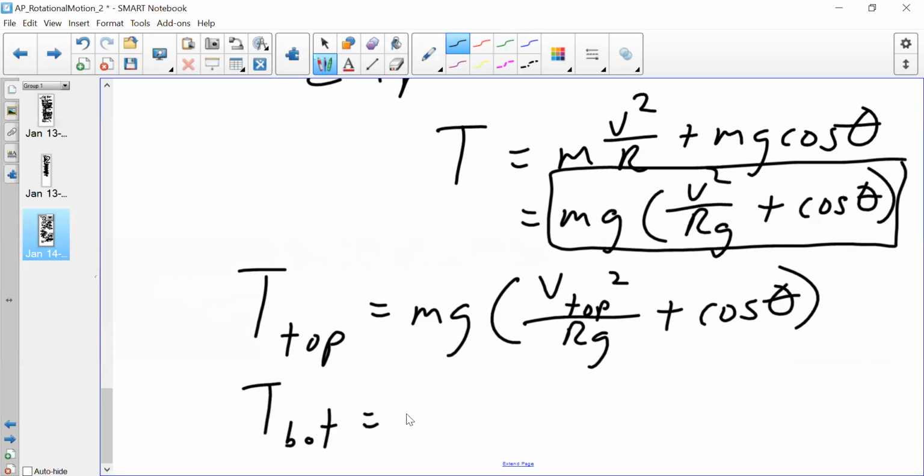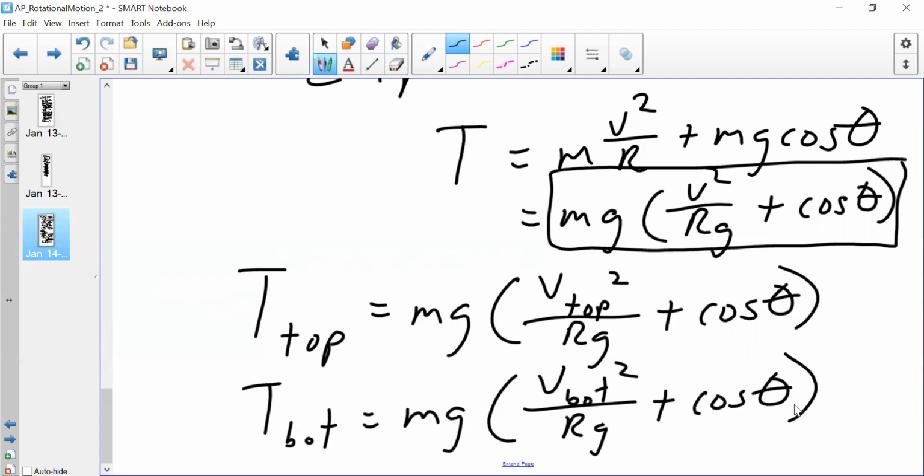And the tension at the bottom is just going to be, so, oh, whoops, got that backwards. Sorry about that.